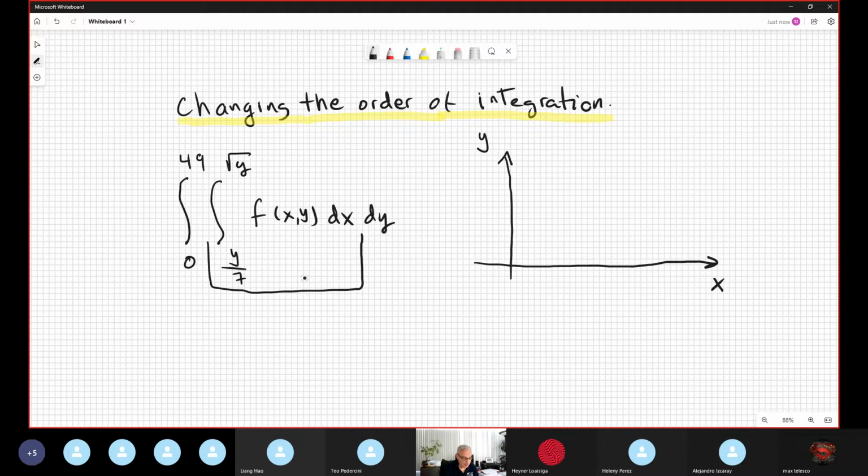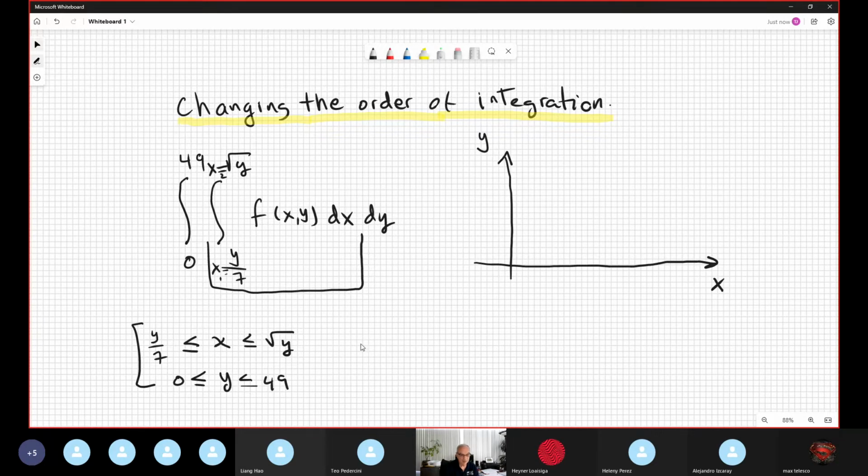So x varies in between y over 7 and square root y. And y varies from 0 to 49. This is clear from looking at the integral. So the student integrates dx first, therefore this is the x value, x2, x1.